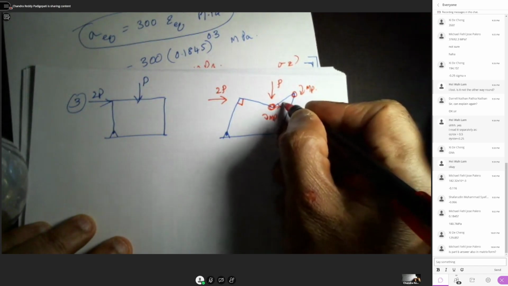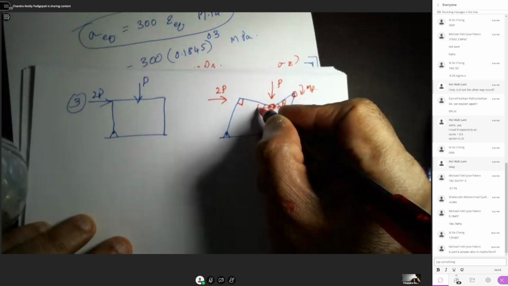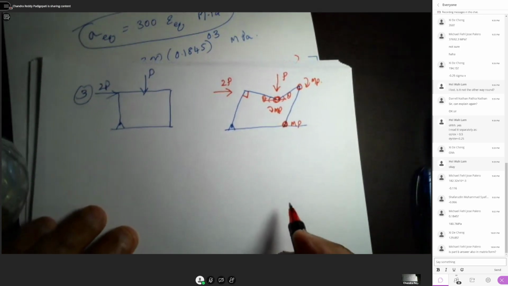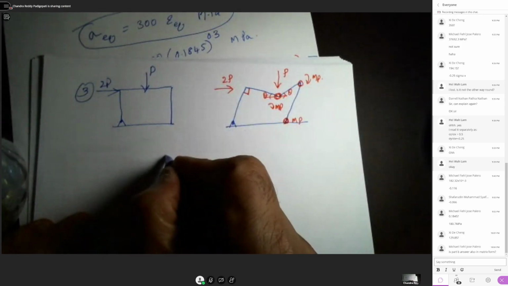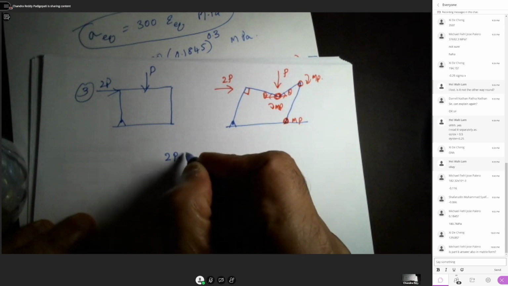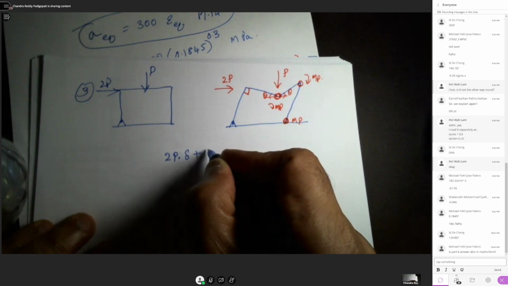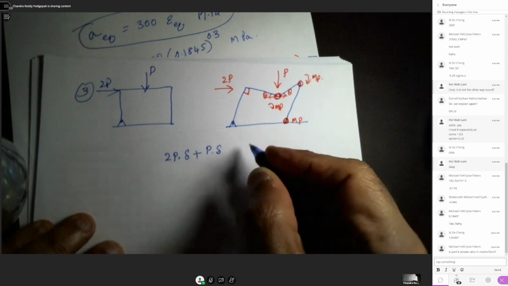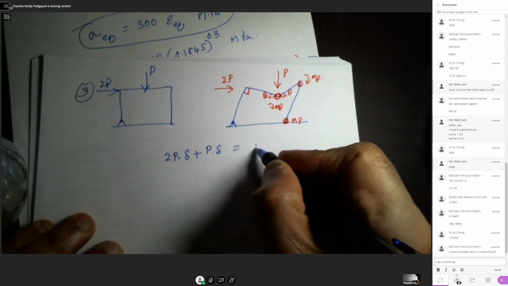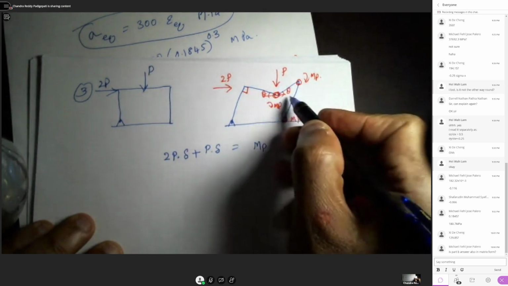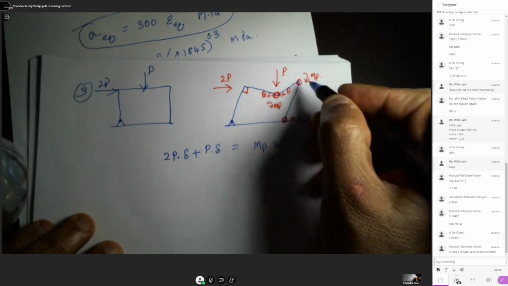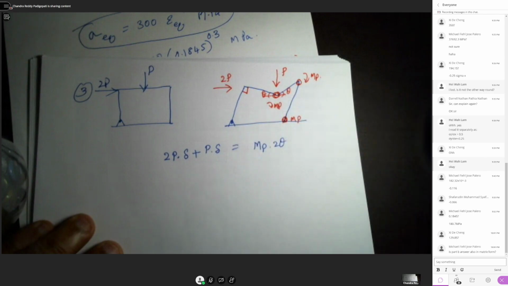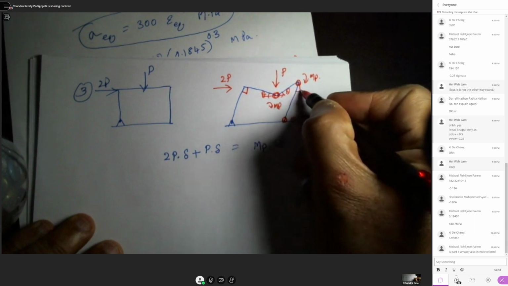So here the angle will be theta, the angle will be theta. In this case, the total work done, you can write it as 2P into delta plus P into delta. So we can write Mp times 2 theta here, plus Mp times theta here. The angle theta will be like this.